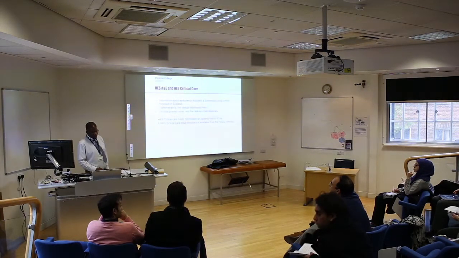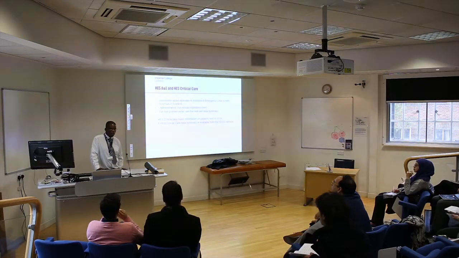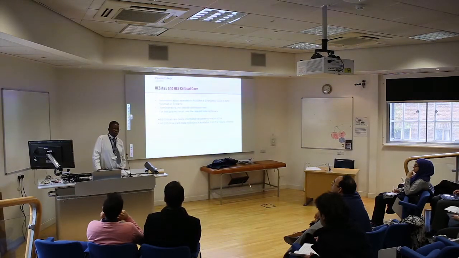Right. The reason for the discrepancy is, I believe, historical. Read codes were introduced in medical practice, I believe, in the 80s, and they were in use in primary care.